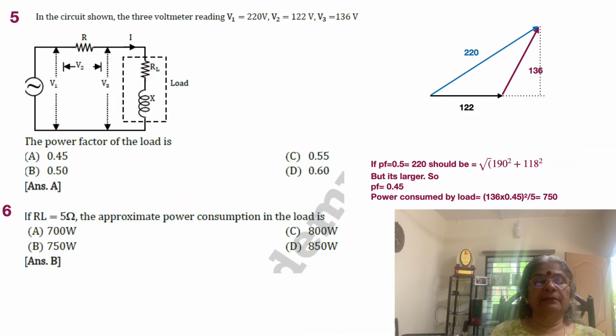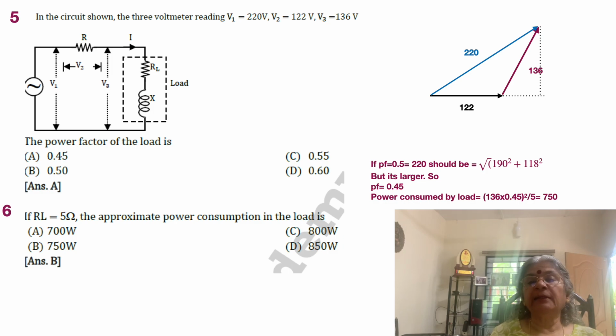Thereafter the problem proceeds to say that if R L is equal to 5 ohms, find the approximate power consumption in the load. We have already accepted 0.45 as the power factor, a speedy way of doing the problem, and then the power consumed by the load will be given by the voltage across it, that is 136, multiplied by 0.45, which gives the voltage across the resistor.